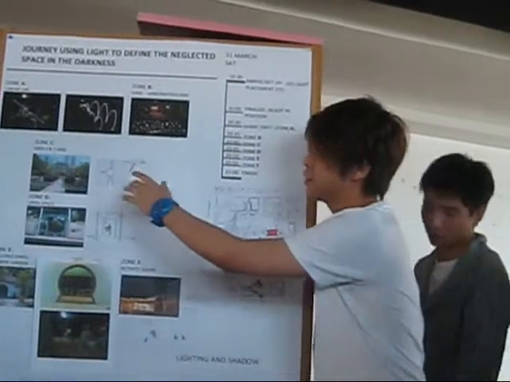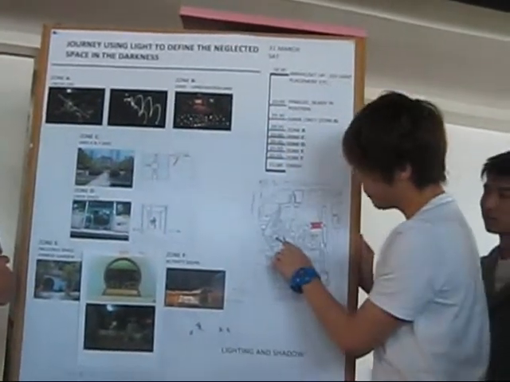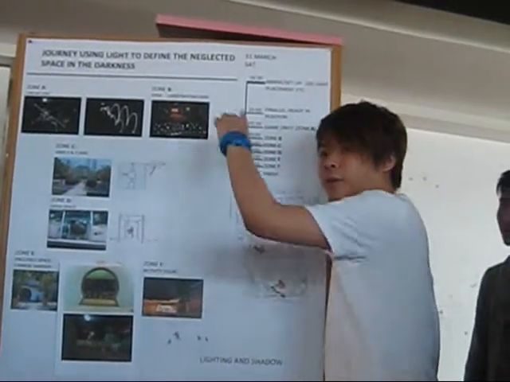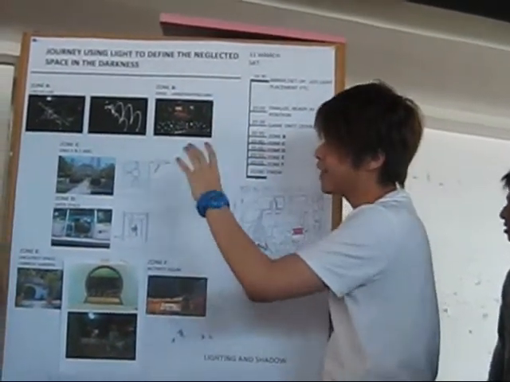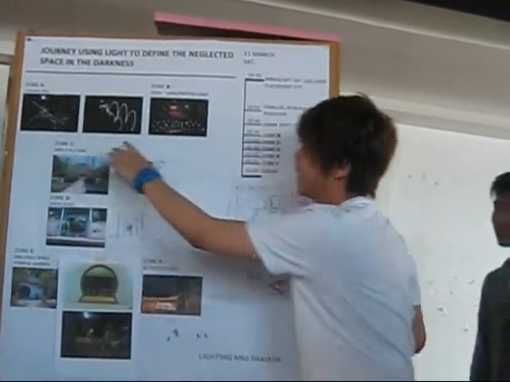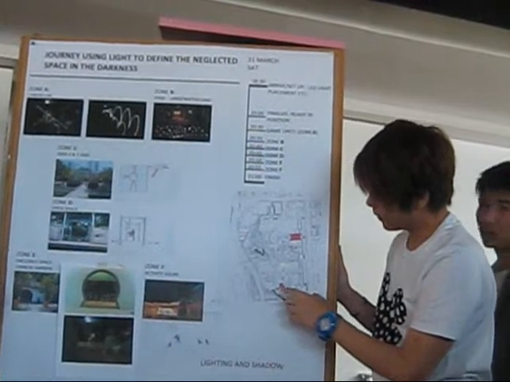Maybe like Zone A is a long stair, but no one goes there to use it. But we think that it is interesting to go there, and then why is it interesting?